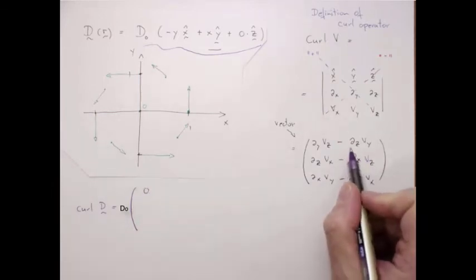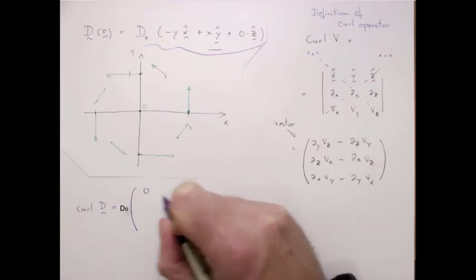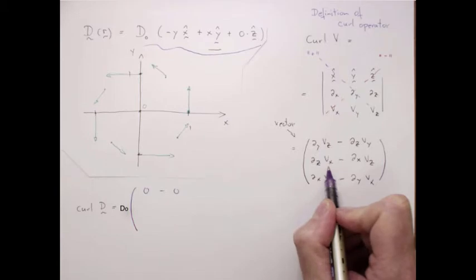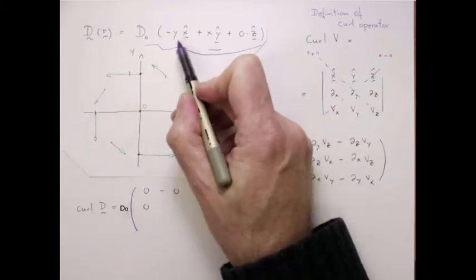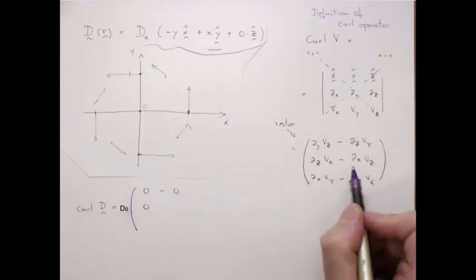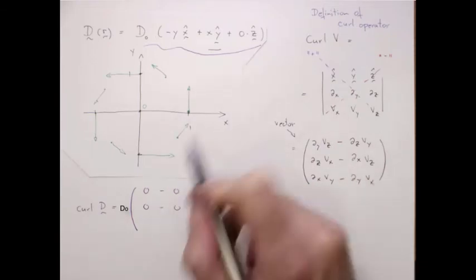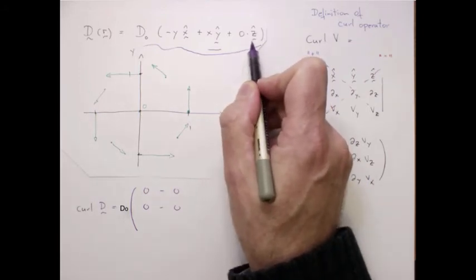Then we have to take dz of vy, that's also a 0. Then we have to take dz of vx, that's a 0, because there's no z dependence in the x component. dx of vz is a 0 because there is no x dependence in the z component.